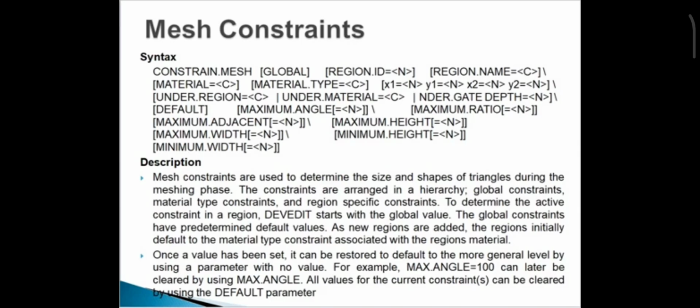As new regions are added, the region initially defaults to the material type constraint associated with the region material. Once a value has been set, it can be restored to default at the more general level by using a parameter with no value. For example, maximum angle 100 can later be cleared by using maximum angle with no value. All values of the current constraint can be cleared by using the default parameter.